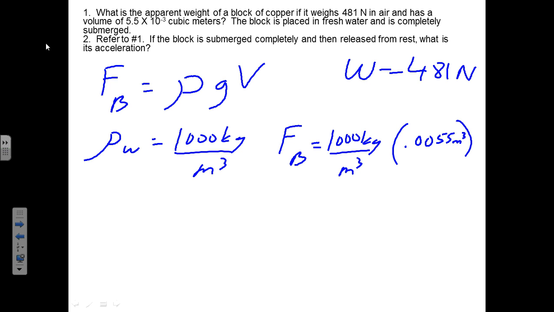And then we're going to multiply that by g, 9.8. Remember, all three of these terms are being multiplied together. And when we do that, we get 53.9.